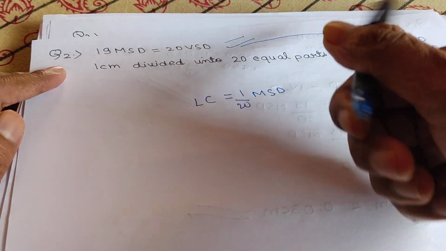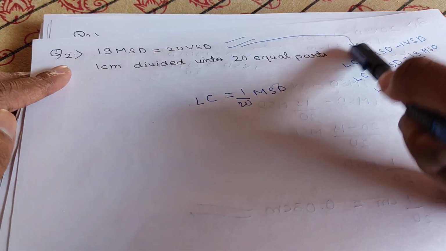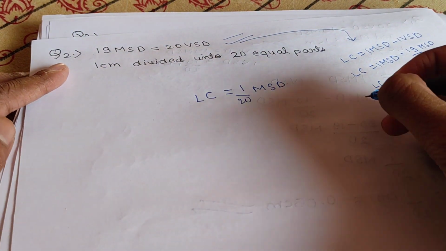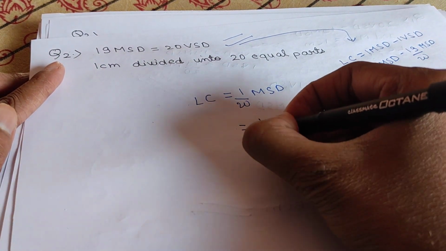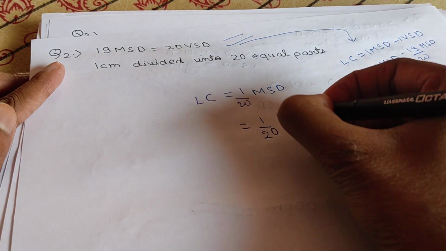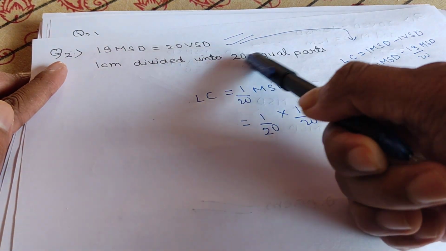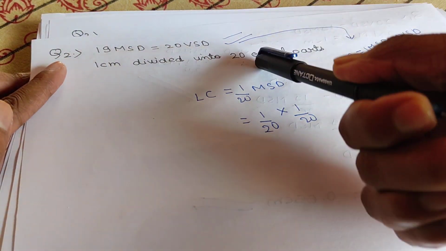Here 1 centimeter is divided into 20 equal parts, so instead of MSD we can put 1 by 20. If it were 30 equal parts, then this would be 1 by 30.